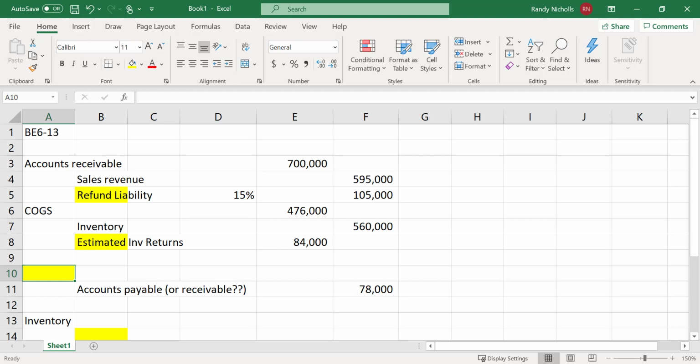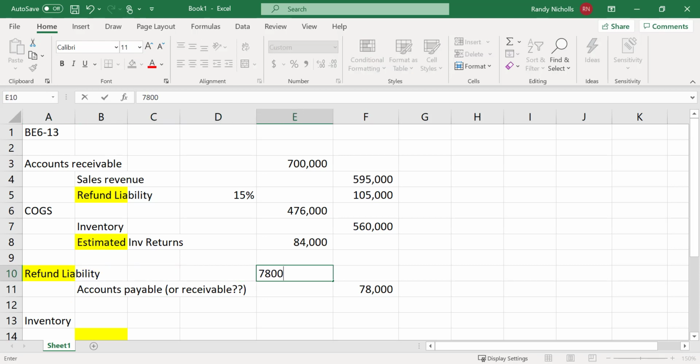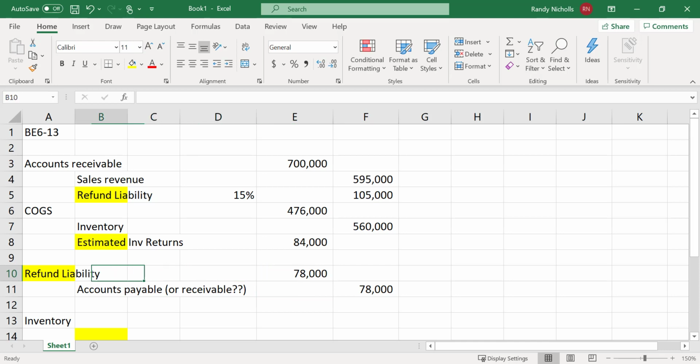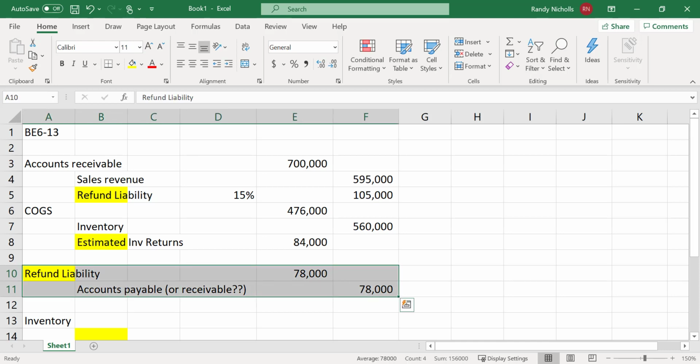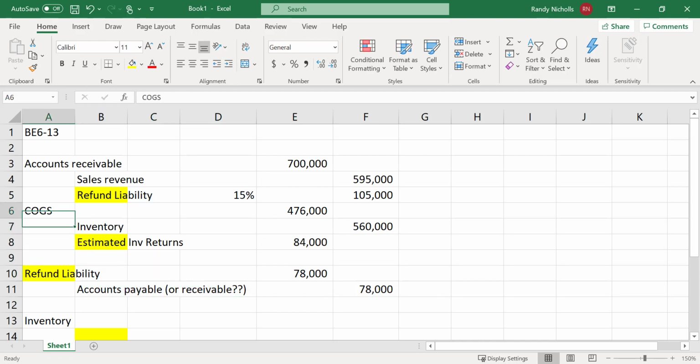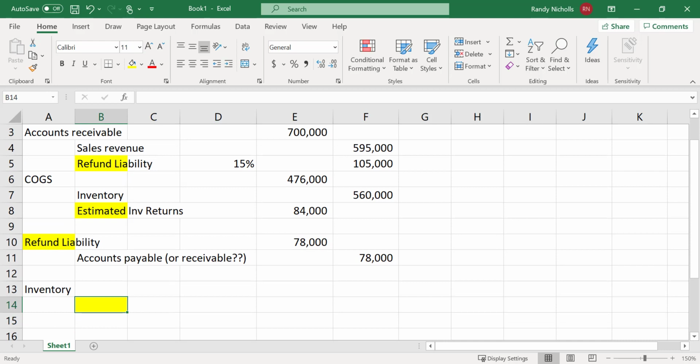Customers returned the goods. Do I have a refund liability anymore? The answer is no, because they returned it. So again, matching, you'll see neither of these accounts are hitting my income statement because I estimated how much returns I was going to get at the time of sale and recorded it then. Same thing on my inventory.